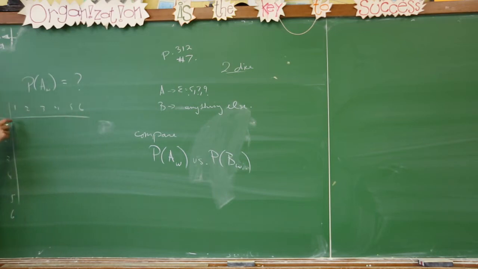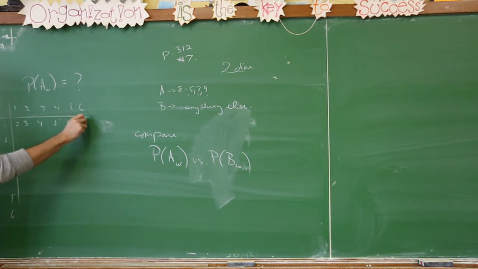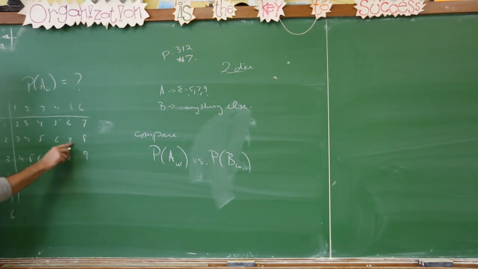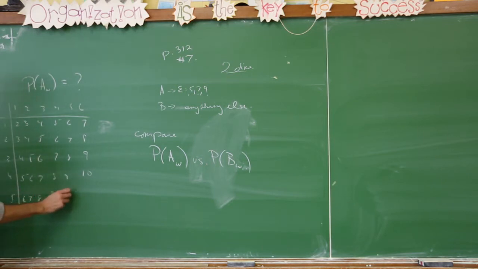You can do sums, adding 1 to each of these numbers. But you have to write 36 numbers.